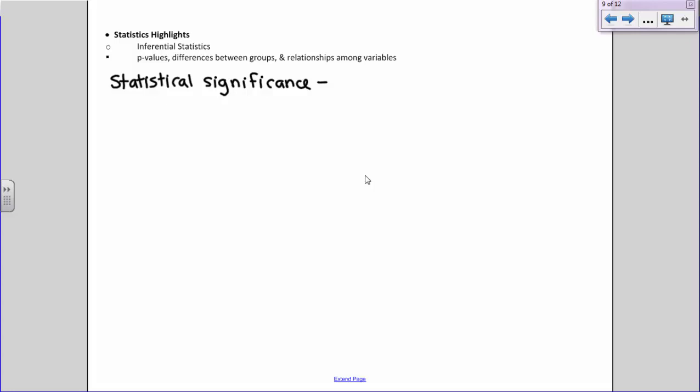If findings are significant, that means several things. It means that the findings are not likely due to chance or randomness.